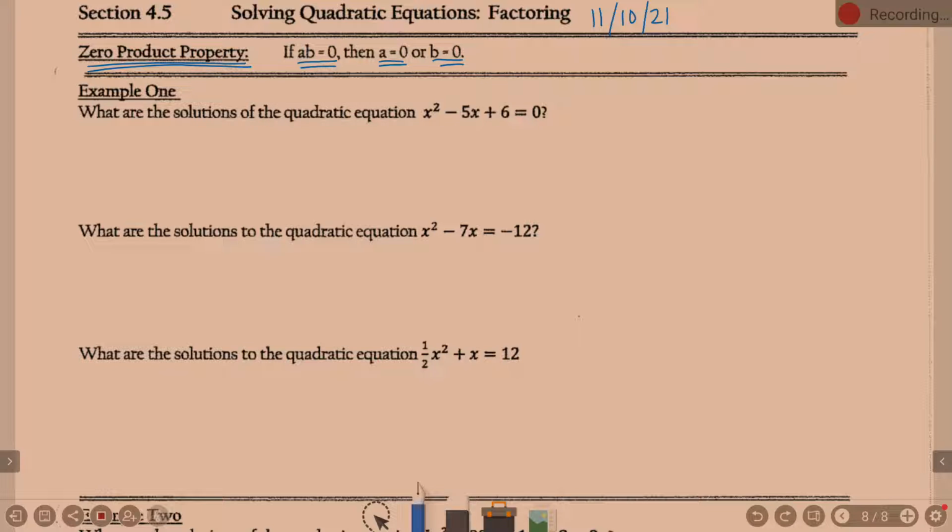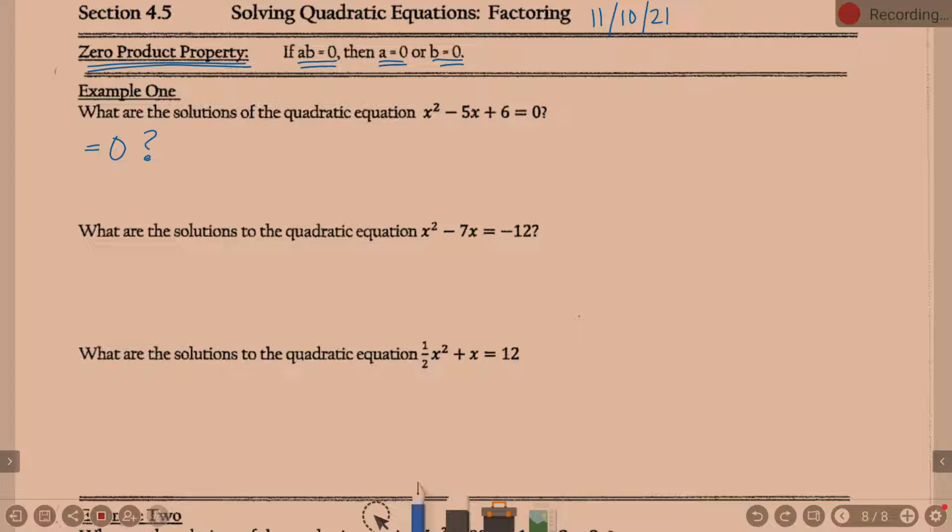Your number one question as you start these problems today is first of all going to be, does my equation equal 0? We can't use the zero product property if our equation doesn't equal 0. So the first question you always need to ask yourself is, does it equal 0? Does my example 1 equal 0?